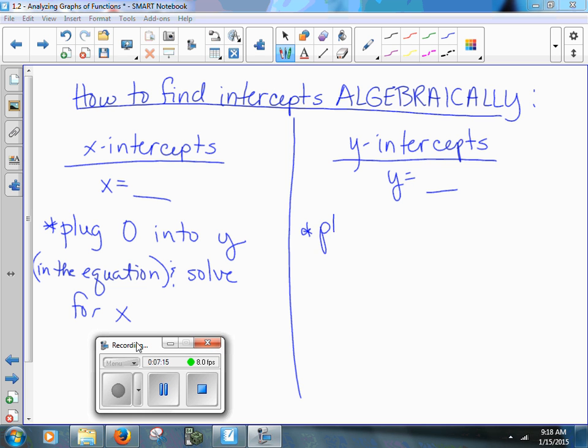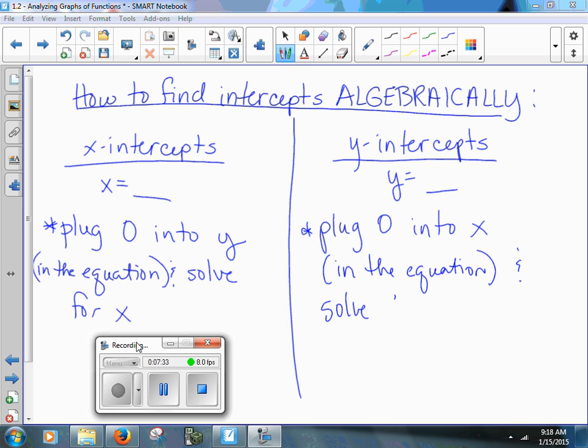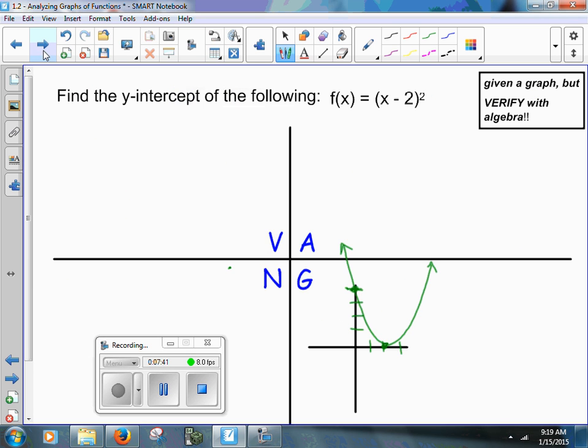So we're going to plug 0 into x in the equation and solve for y.